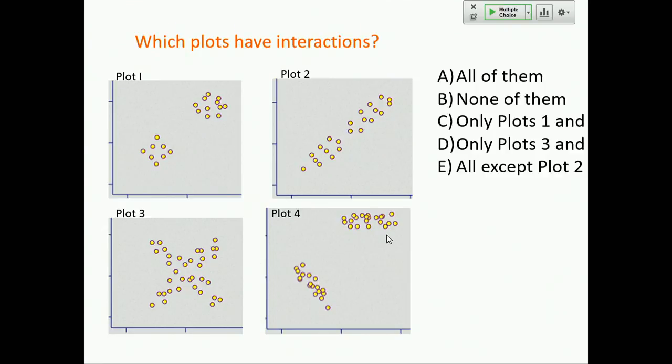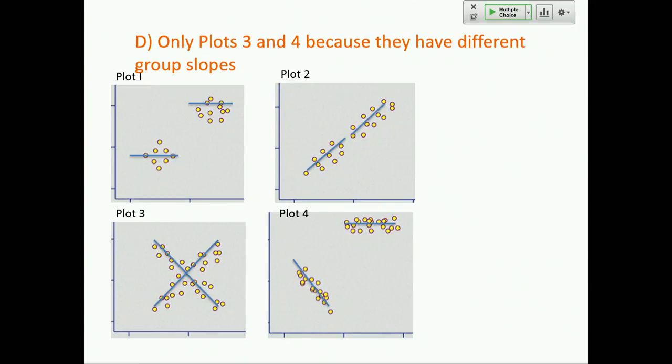Why? Because you can see plots 3 and 4 have different group slopes. These have the same group slopes, but plots 3 and 4 are different between the two groups. Does everybody understand that? You have a question?